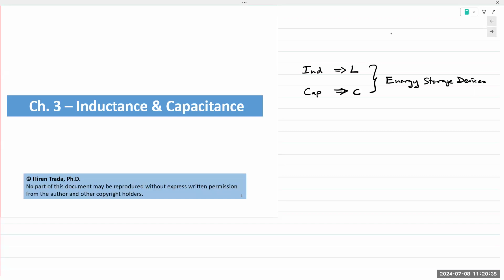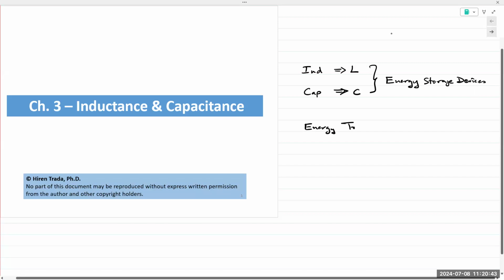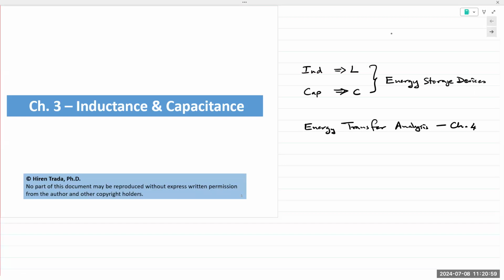So the energy transfer portion of analysis is what we will study in chapter 4. Because that analysis is fleeting, it is momentary, it is transient with respect to time. It does not take place instantaneously. It takes a finite amount of time, and that we will study in chapter 4. In chapter 3, we will talk about inductors and capacitors in general.